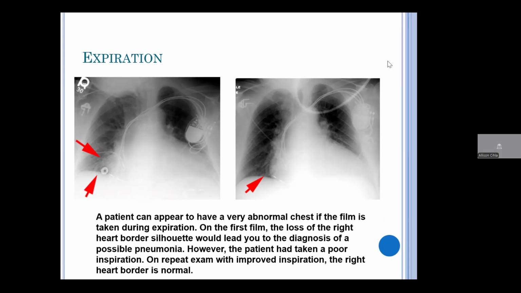So on this first X-ray on the left, you may be concerned that there might be a middle lobe pneumonia there. But if the patient takes a good inspiration, you can see on the right-hand side that heart border is nice and sharp. You can see where the heart meets the diaphragm, where the red arrow is. And so no evidence or worry about pneumonia in that X-ray.